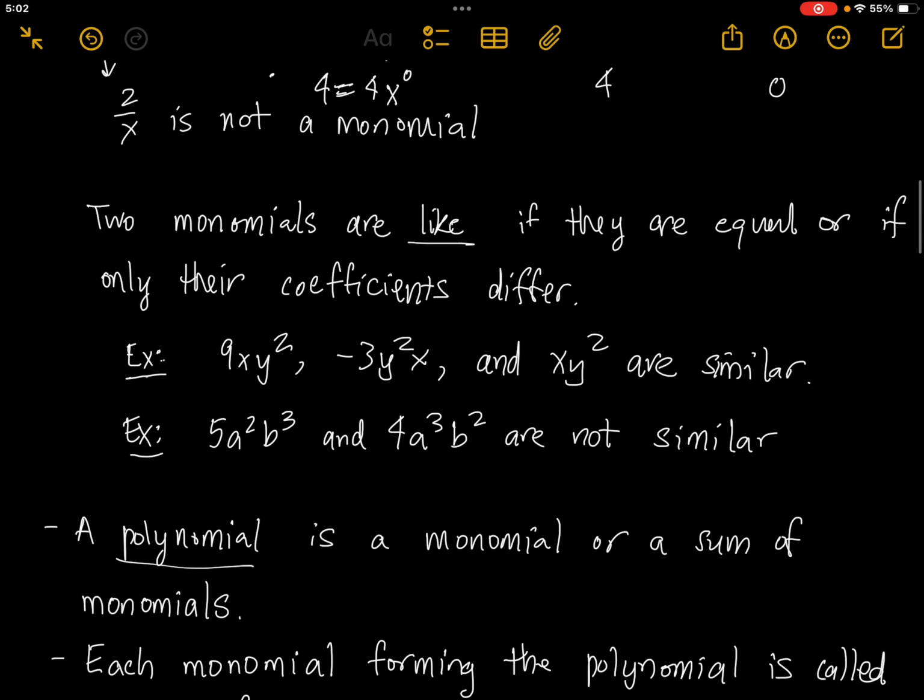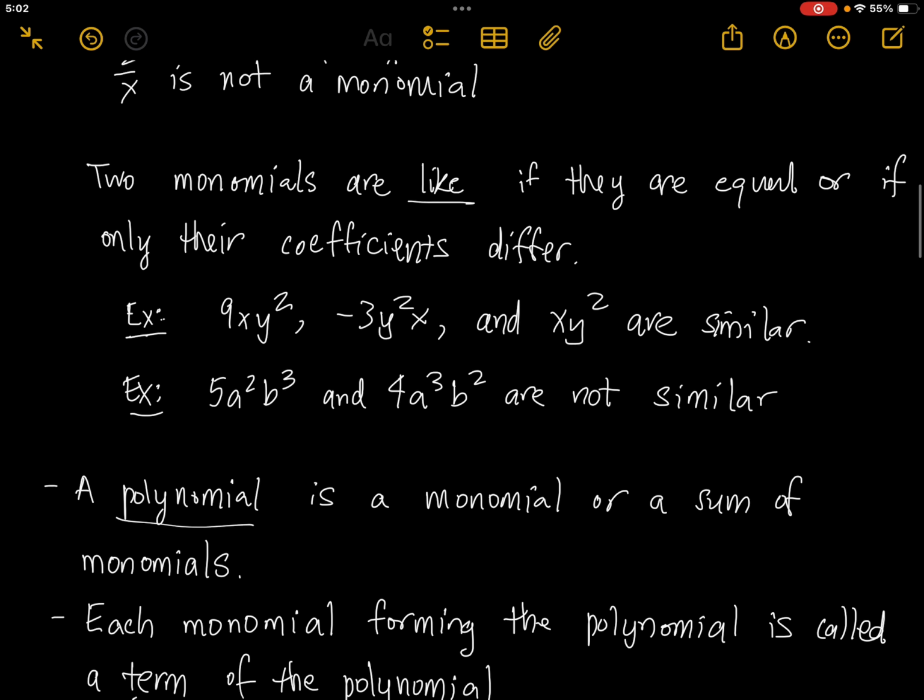Okay. So two monomials are called like if they are equal or if only their coefficients differ. So when you have 9xy squared, negative 3y squared x, and xy squared, these are similar or like.